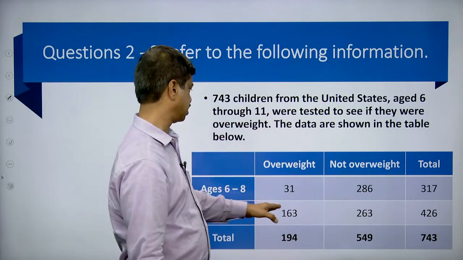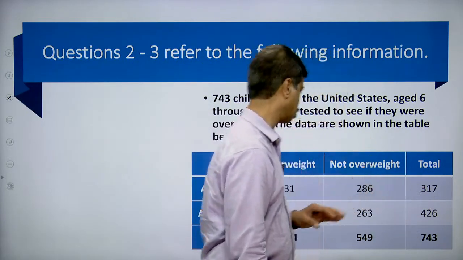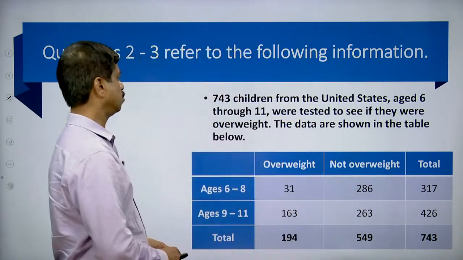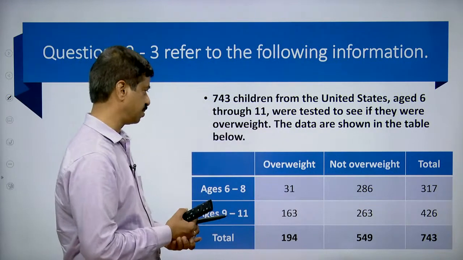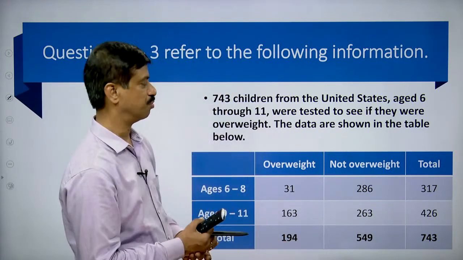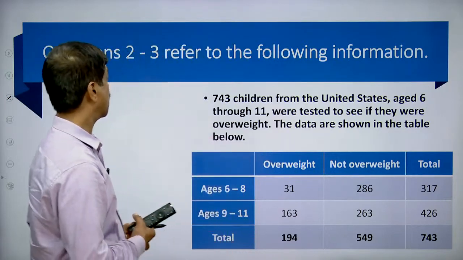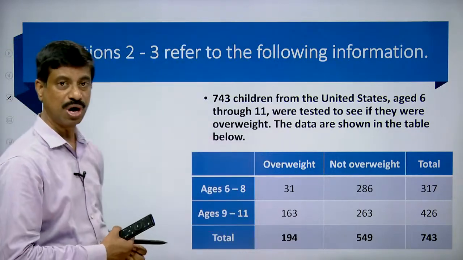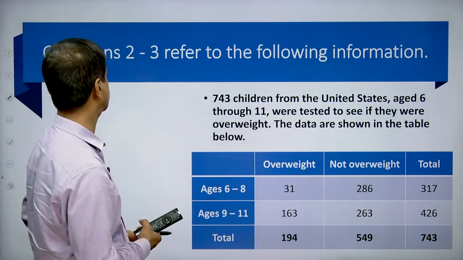Ages 9 to 11 have this many overweight, this many not overweight, and this many total. Overall, regardless of age group, 194 are overweight and 549 are not overweight. Total tested people are 743. Now you should see whether he is talking about overall or only a particular age group, which we don't know yet.